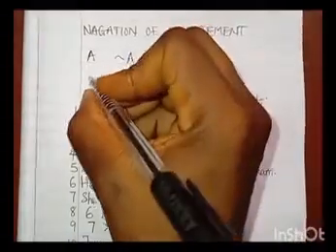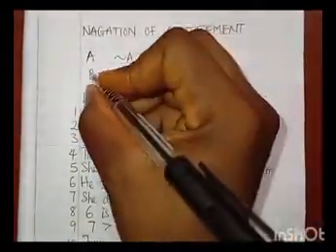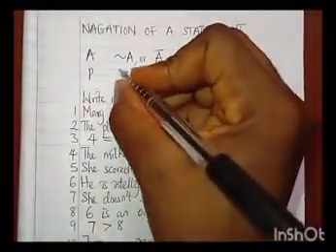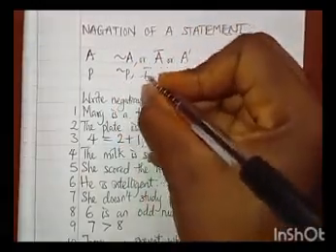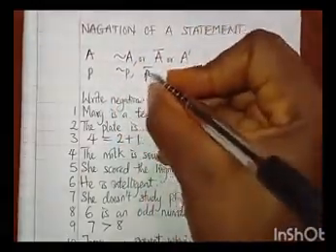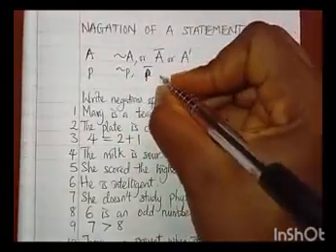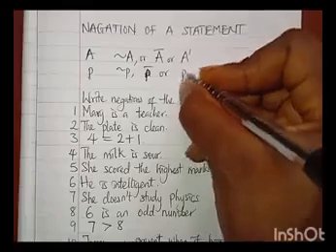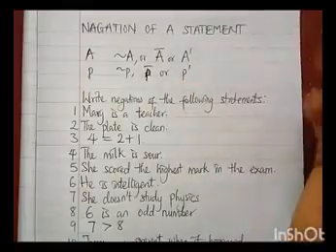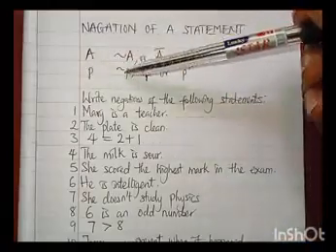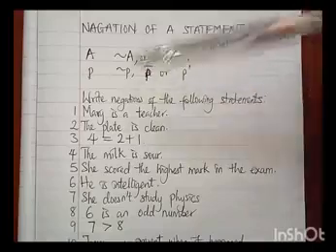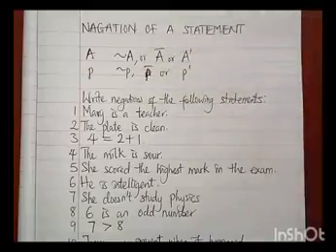We can also use small letters like P, for example. So if this is a statement, we can write its negation as not P, bar P, or P prime, to show that this symbol says this is this, and this other symbol will represent this is not this.